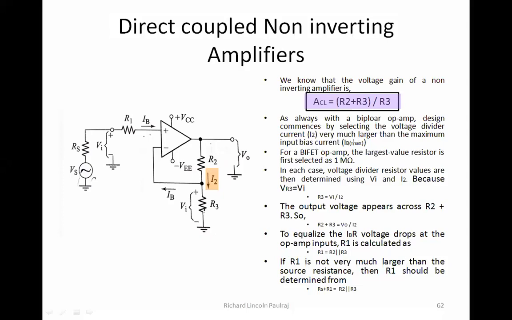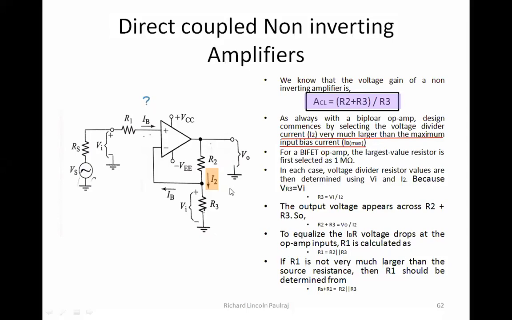So can someone tell me how is current I2 very much larger than IB? So how is it that this I2 is larger than IB?